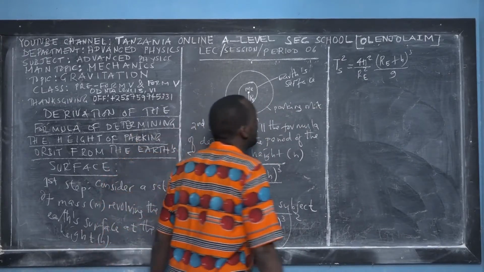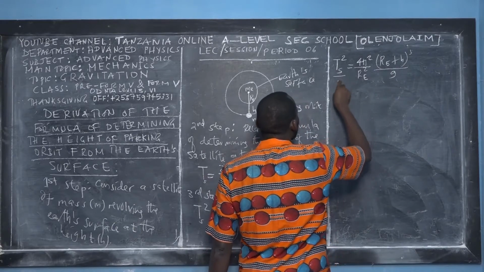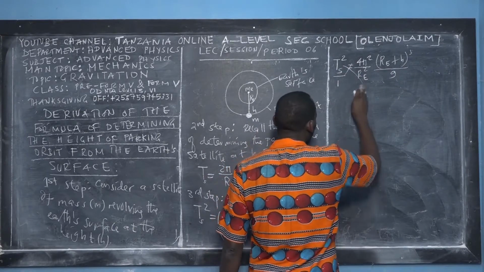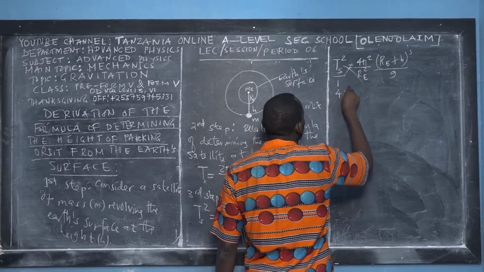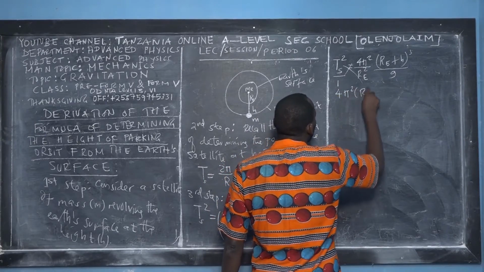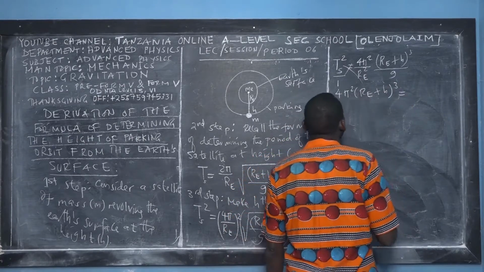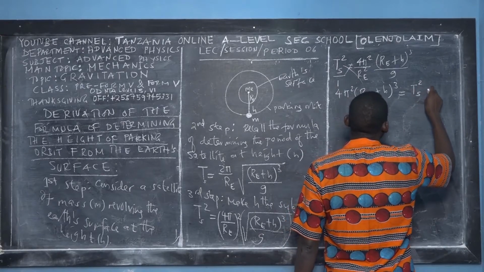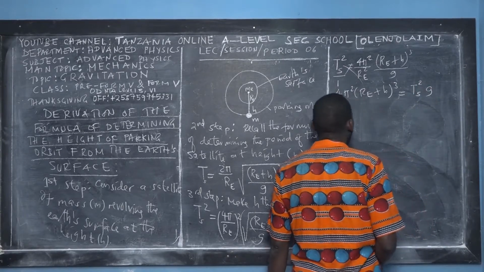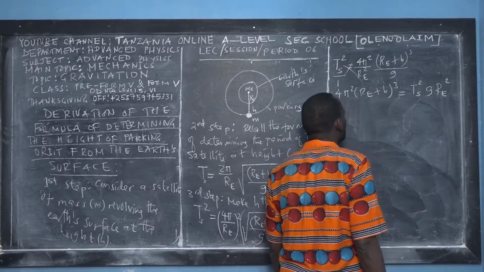Right? So our intention is to make h the subject. In order to do that, we have to cross multiply. When you cross multiply, we find that on this side we have 4 pi squared, radius of the Earth plus h cubed, is equal to the square of the period of the satellite times the acceleration due to gravity times the square of the radius of the Earth.